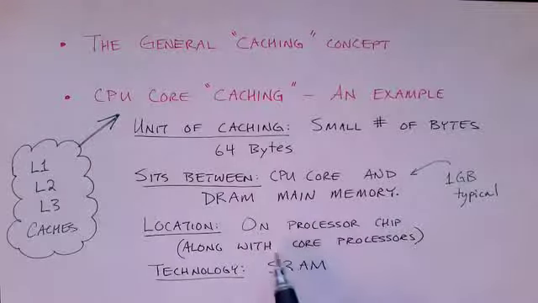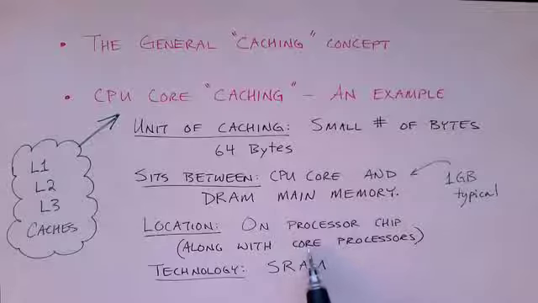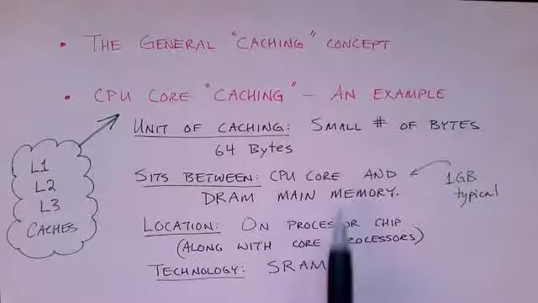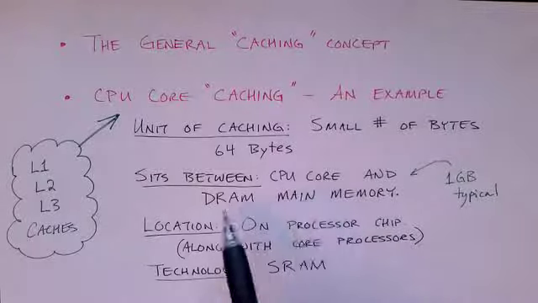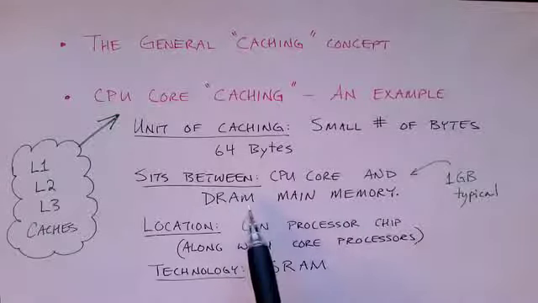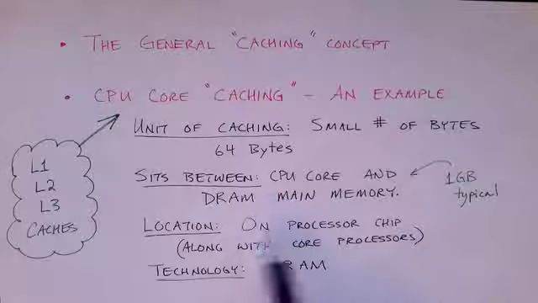So in a multi-core processor where you have perhaps 4 cores, you would have the cache sitting on the same chip as the 4 cores. Main memory is typically implemented with dynamic random access memory, which is cheaper and smaller than static RAM.